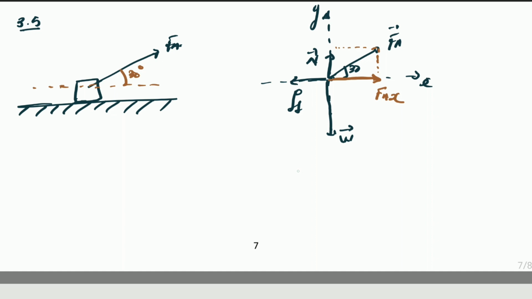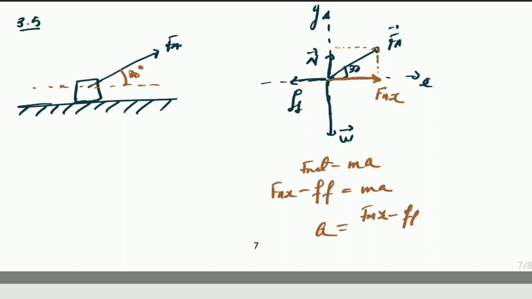The acceleration, remember, F net is equal to ma, okay? So here we have now Fa in x minus friction equal to ma. So a will be equal to Fa in x minus frictional force divided by mass. Okay, now what is the issue here?